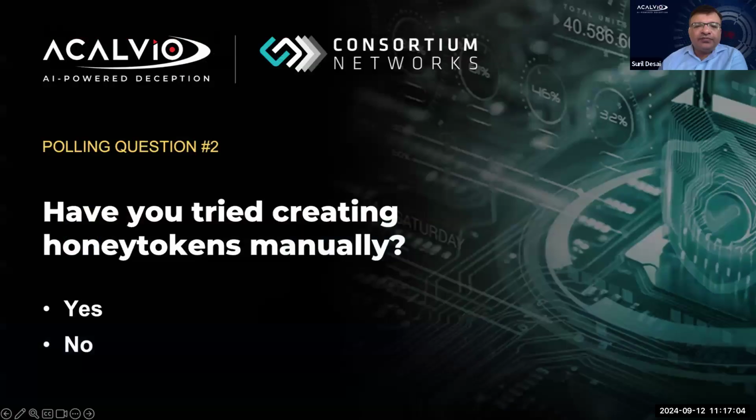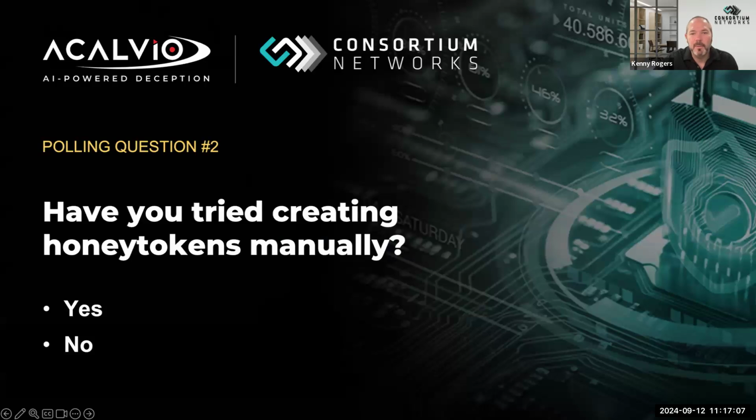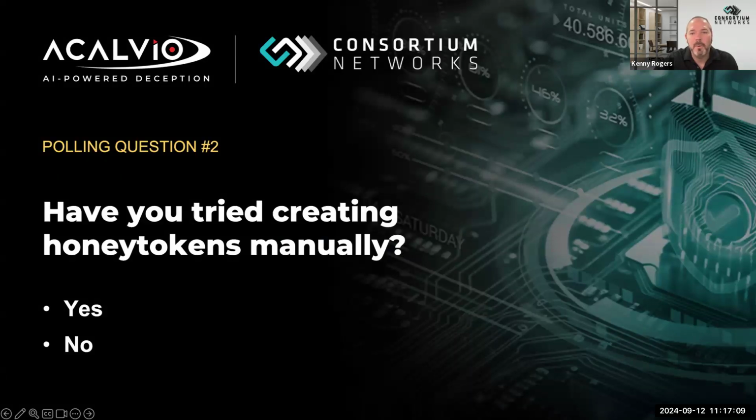All right. Thank you for that, Cyril. We're going to go ahead and do our second poll question, which is, have you tried creating honey tokens manually? We'll give everybody a few seconds to answer it, and then we'll end the poll.